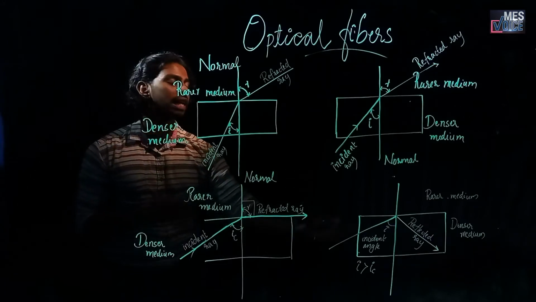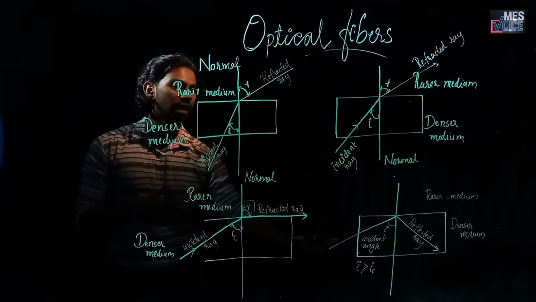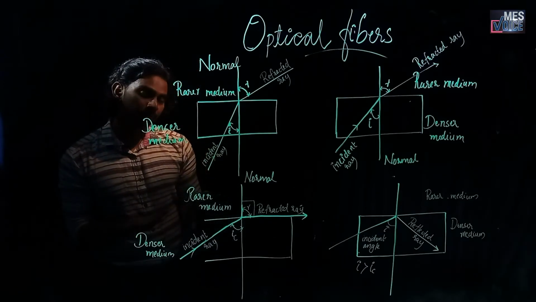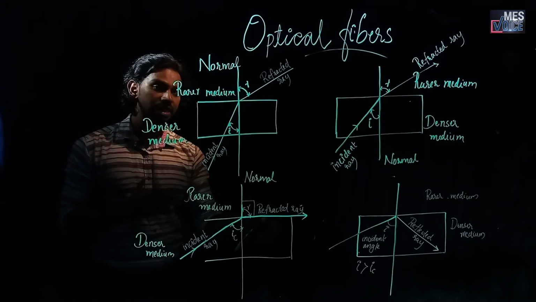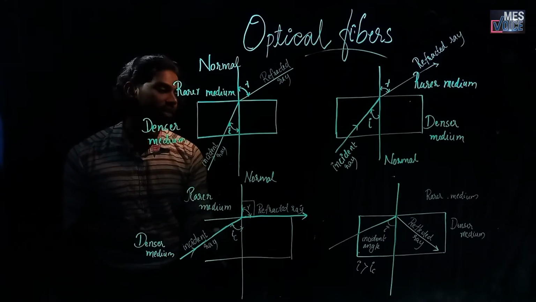So in this figure we can say that the angle of incidence is greater than the critical angle. As I already told you, the critical angle is the particular angle of incidence at which the refracted ray touches the boundary of separation, and it is represented by ic here.